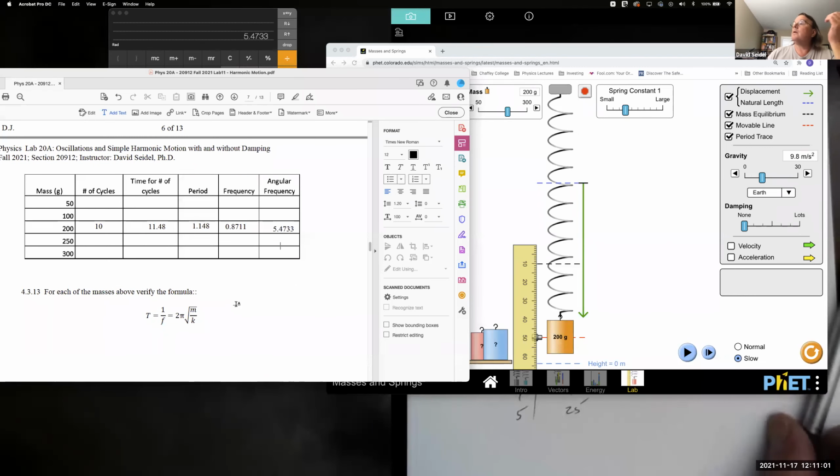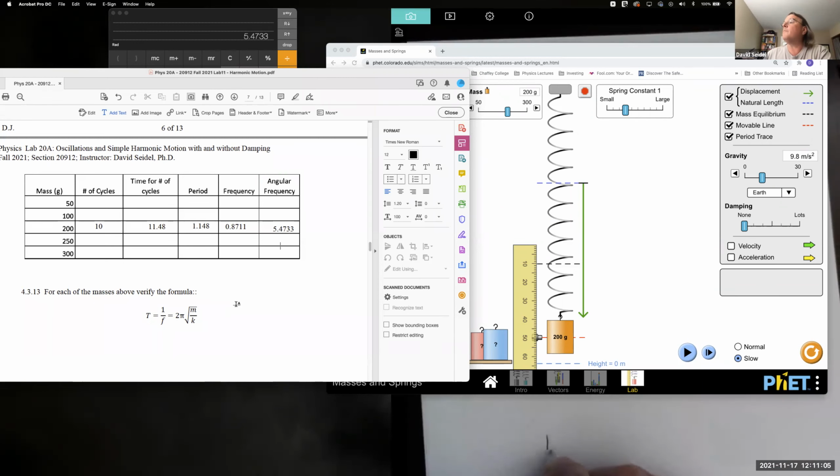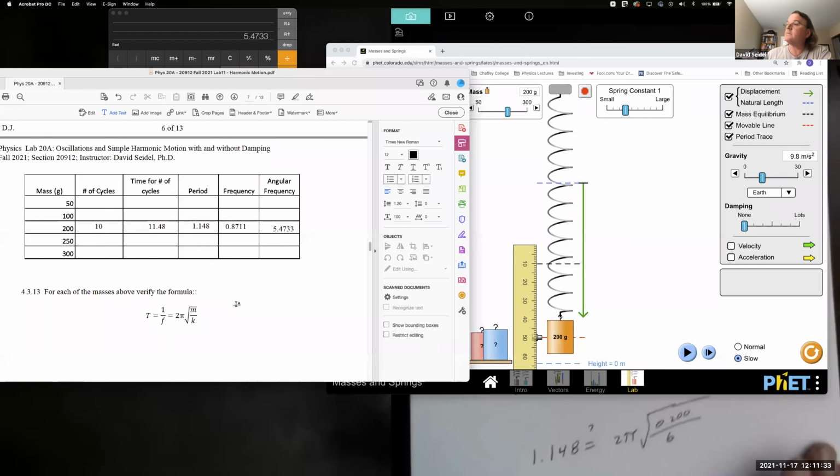To do that, we had a period of 1.148 equals 2 pi, question mark, 2 pi square root of m, which was 0.20, and my k for position 4, I'm going to say is about 6.